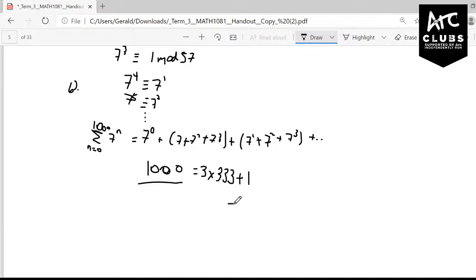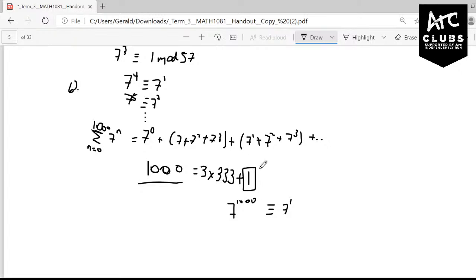And so what that means is 7 to the power of 1,000 reduces down to 7 to the power of 1. The reason for this is because we can write 1,000 as this, but then 7 to the power of 3 is 1, so there must be one leftover power. So this residue tells us how many powers are remaining.